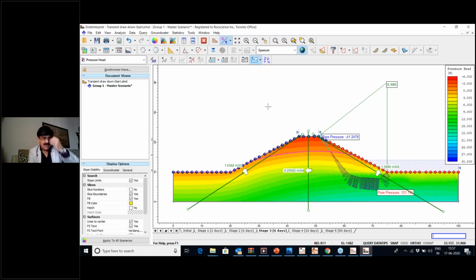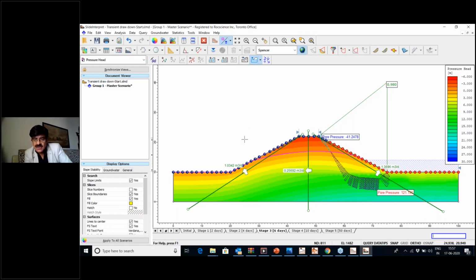So during the drawdown, this kind of analysis tells you the critical time or critical stage of the drawdown where the slope might fail under a dropping factor of safety. That's what you can see here.